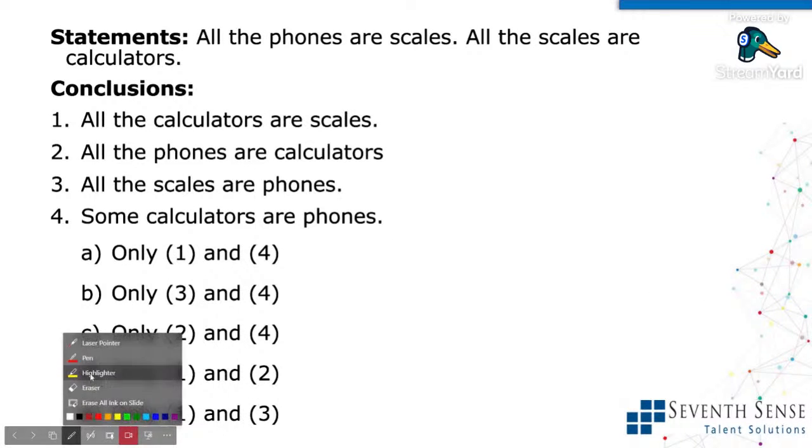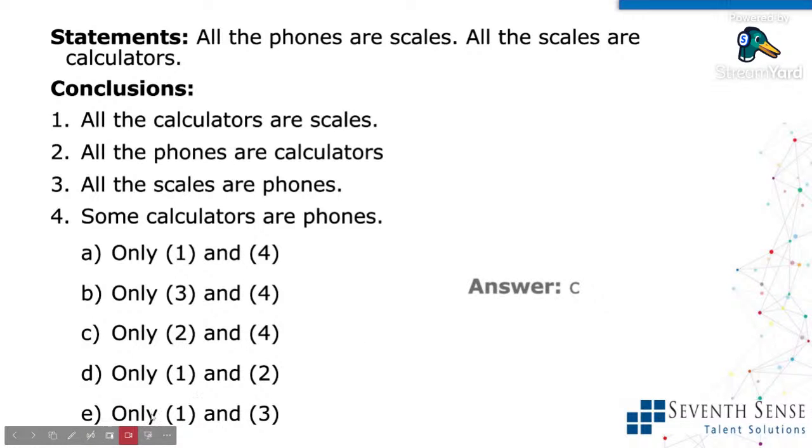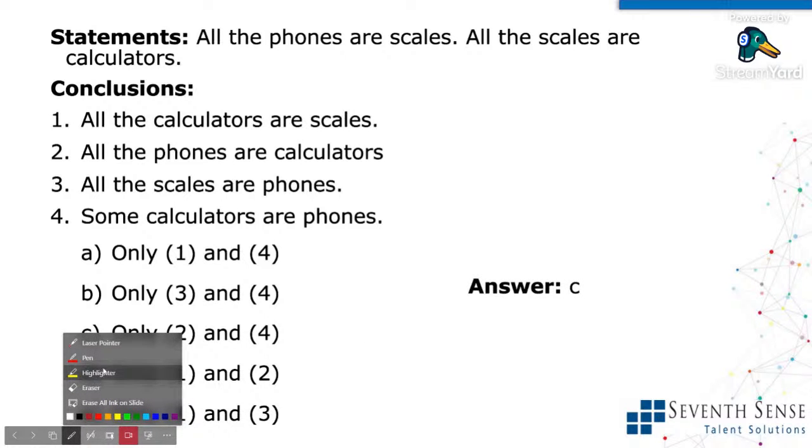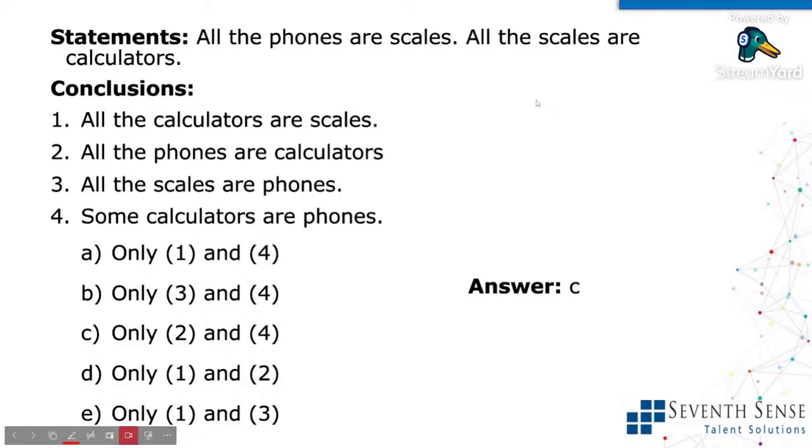Let's quickly see the answer. So it is showing option C only. Very good. Now let us see the diagram.